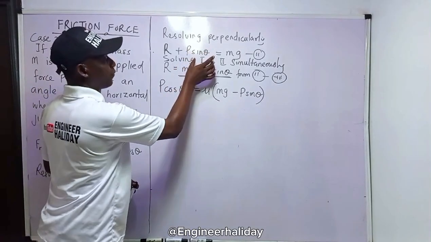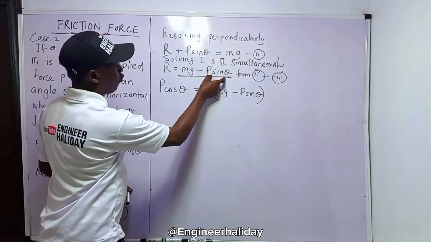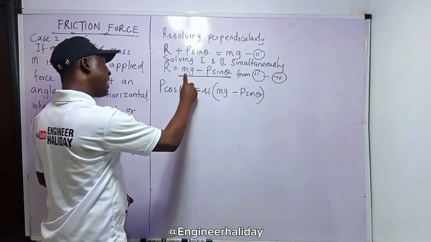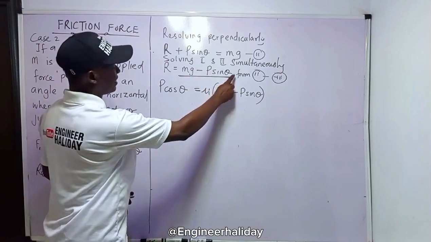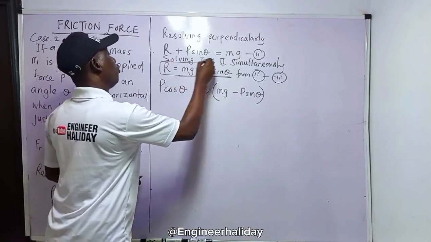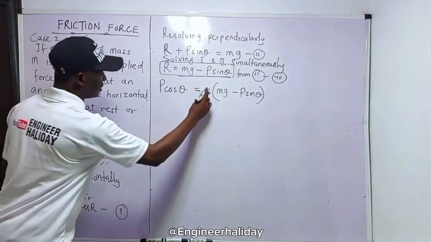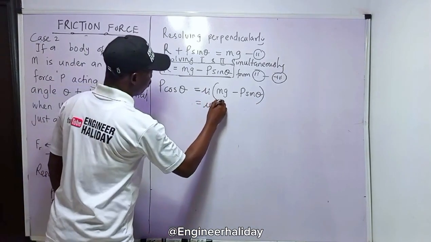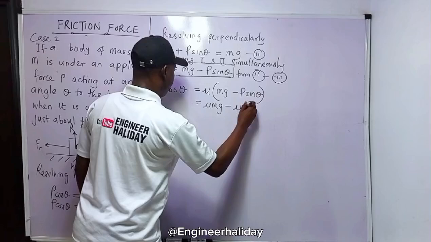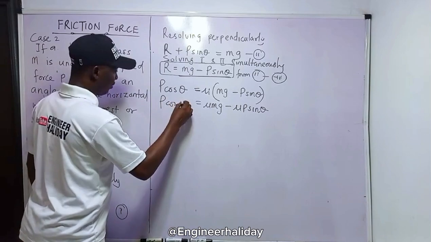After getting R the subject of formula, by taking this P sin theta across the equal sign, we add P sin theta, having minus sign, that is Mg minus P sin theta. Then substitute the entire formula for reaction in place of R in 1. We are going to have this. Opening the bracket, we are going to have mu Mg minus mu P sin theta. Then we have P cos theta.